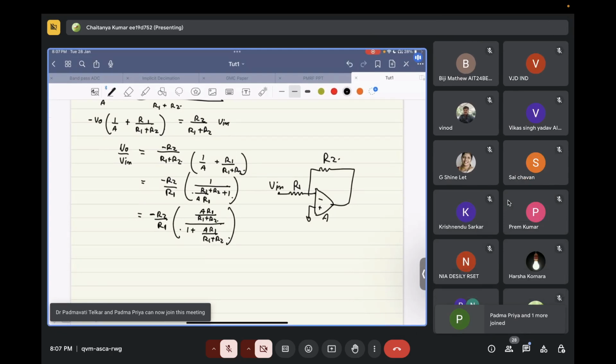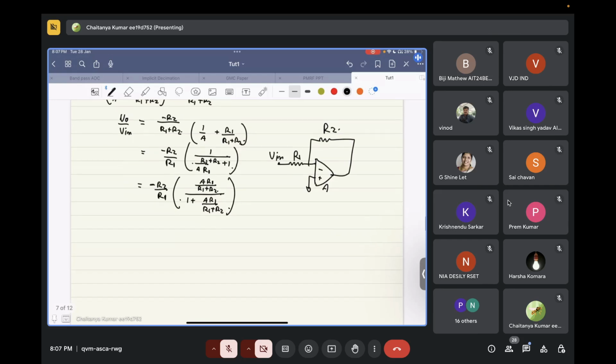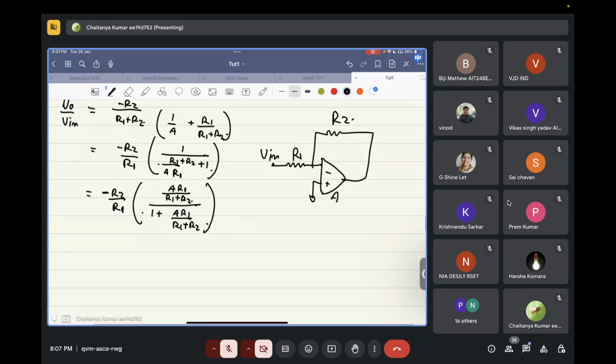So are you guys familiar with a concept called loop gain? In negative feedback op amp circuits, there is some finite gain if you travel across this loop.